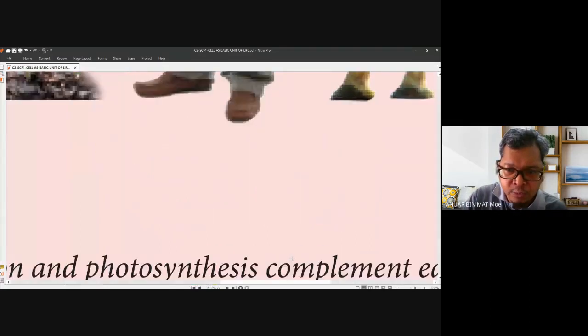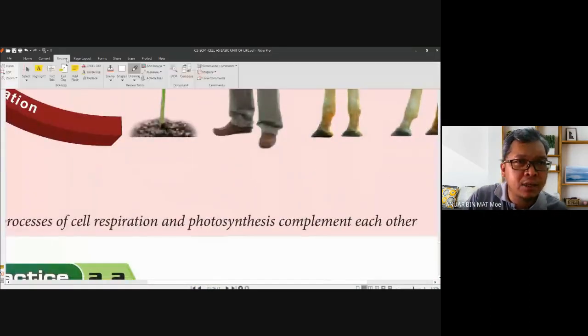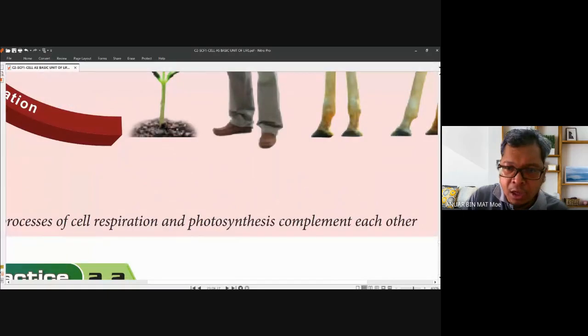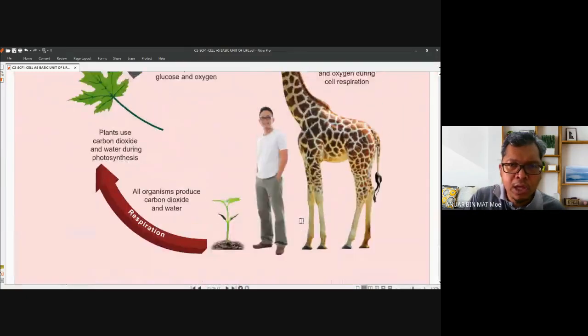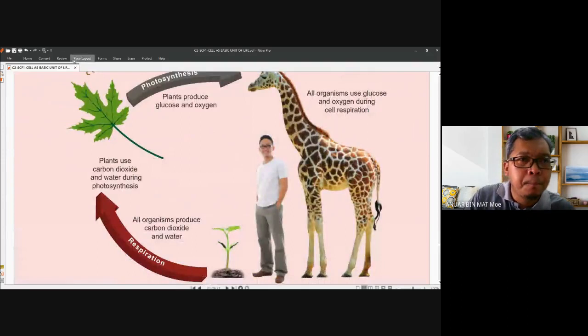Complement means they need each other. Especially for humans, we need plants. But usually plants do not need humans, right? Okay, why? This is what we call complementing each other.